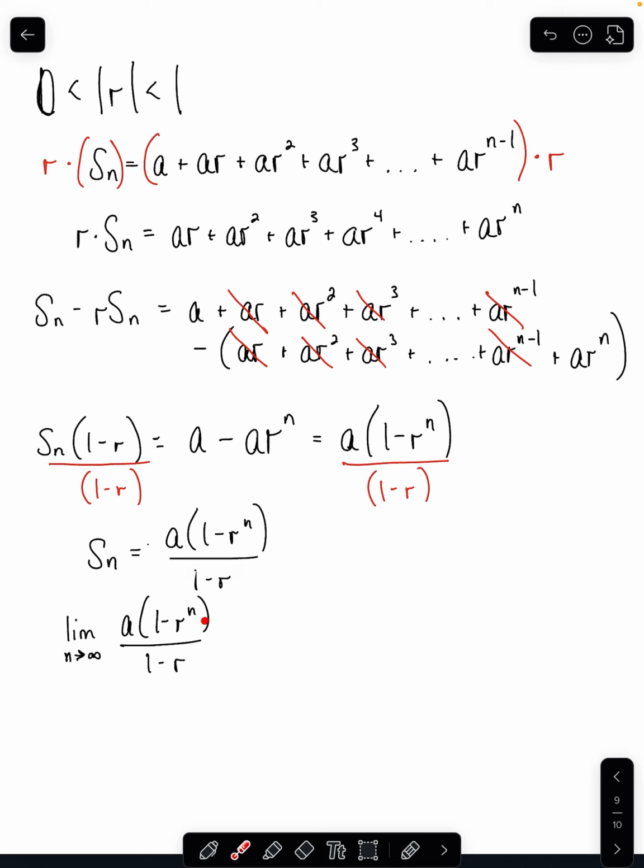The only thing that does depend on the value of n is this factor of r to the n. So in terms of the limit, the a in the numerator and the 1 minus r in the denominator, being constants in terms of the limit, can be brought out in front of the limit.